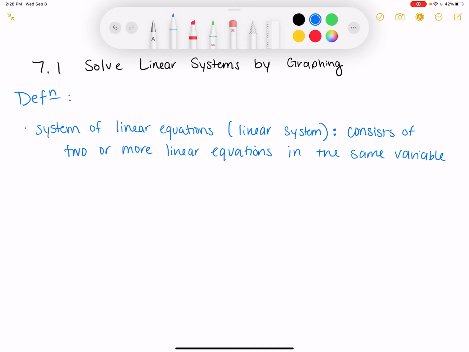Or actually it should be variables because it has multiple variables. So an example would be something like 2x plus 3y is equal to 5 and negative x plus 7y is equal to 2. Okay, that's a system of linear equations.